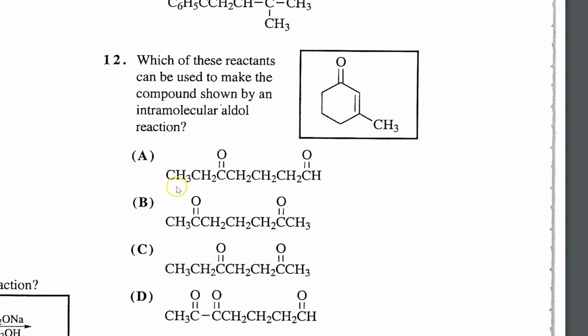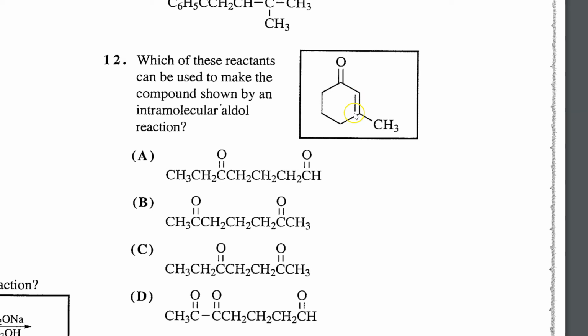Now we just need to think, do we have an ethyl group and an aldehyde, or 2 methyl ketones? If we cleave along this double bond here, we see that we do have 2 methyl ketones. This top right carbon is our alpha carbon.